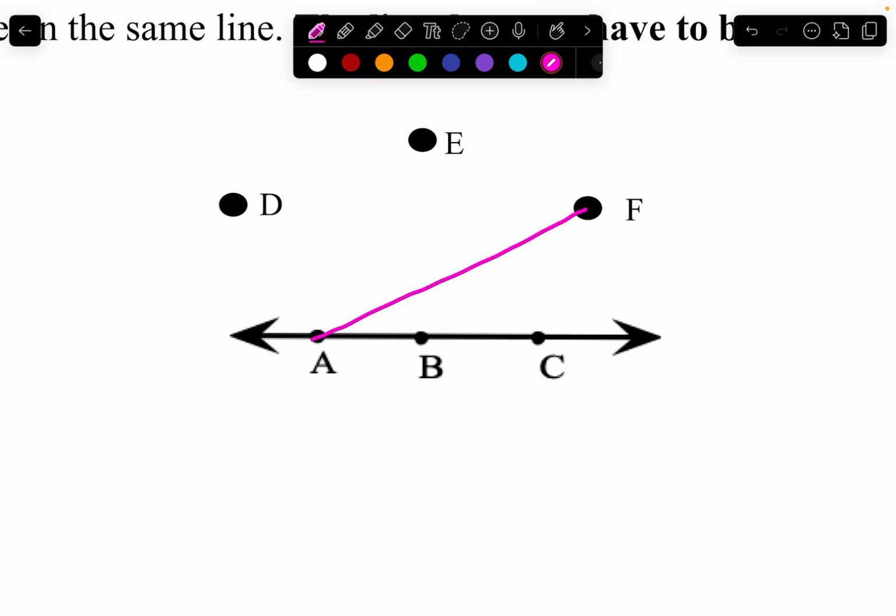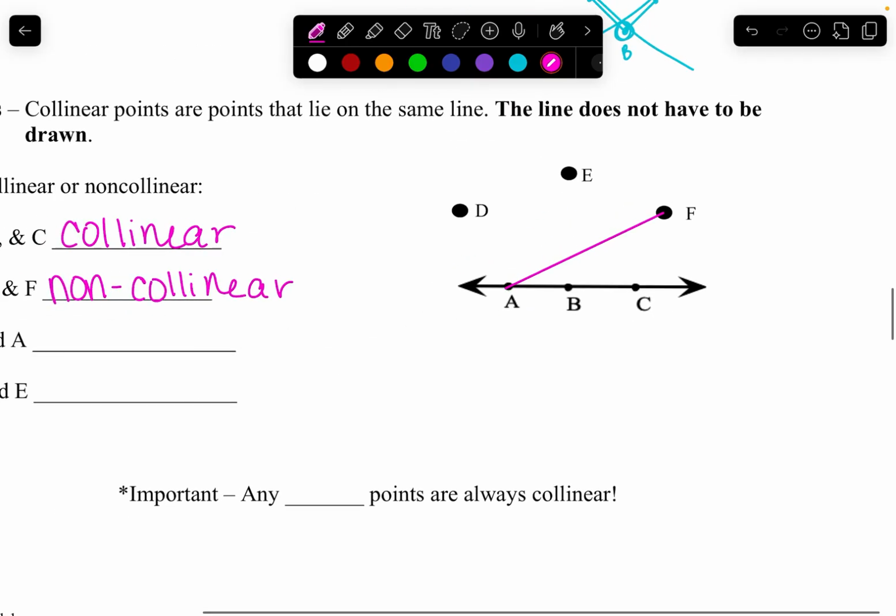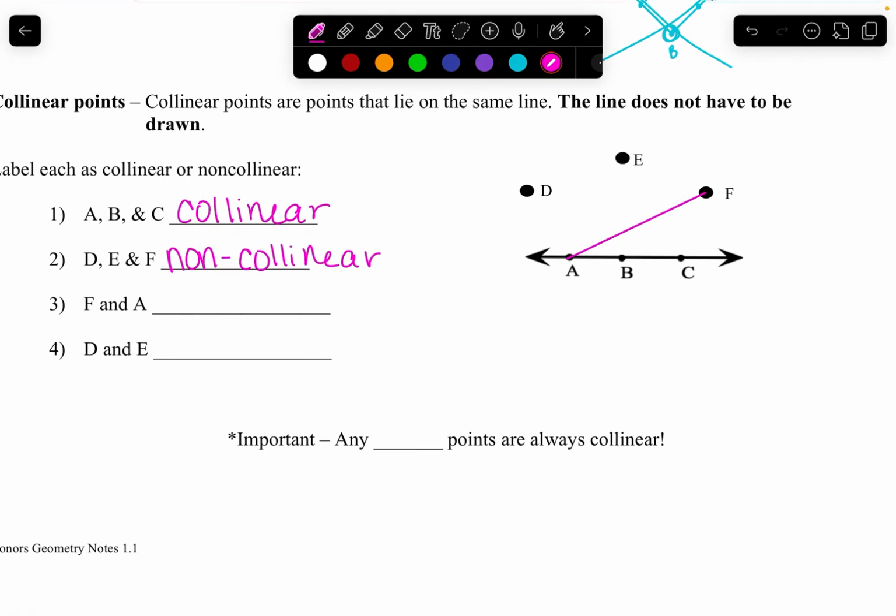And the answer is yes, you can. Okay, so even though the line was not drawn, I could draw a line and points F and A would be considered collinear. The same thing is true with D and E. Even though a line is not drawn between the two of them, I could draw a line between the two of them and that line would be straight. So we would say that D and E are also collinear.